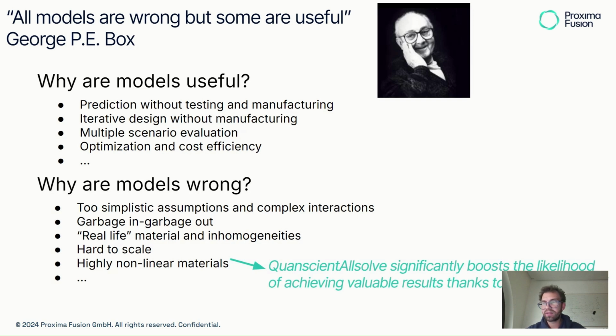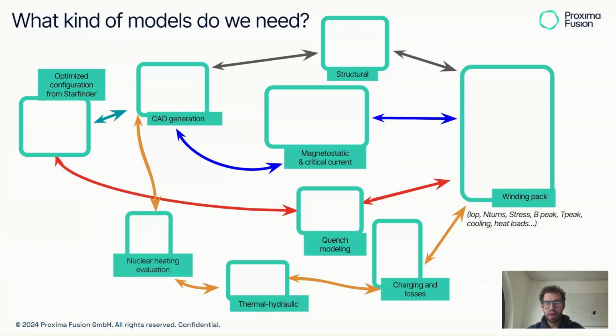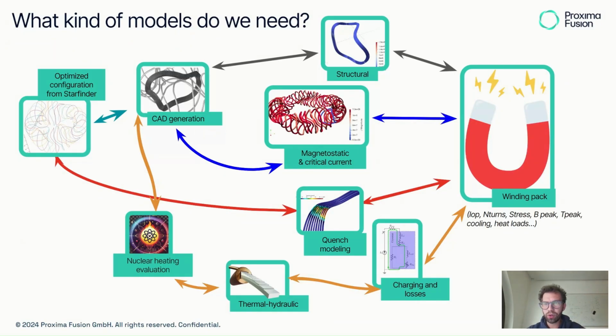So maybe the point is that Quanscient Allsolve can at least help with this and significantly boost the accuracy to achieve these valuable results, thanks to the tools that Mika presented in this seminar. So let me get to stellarator models with Quanscient Allsolve. Probably some of you in the audience already saw this slide or something similar.